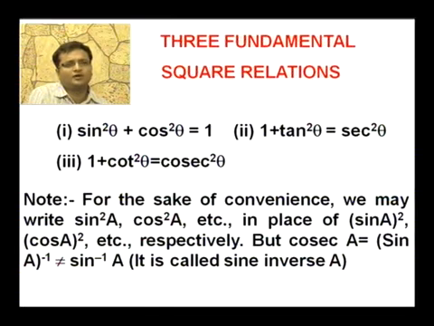And a very important note: for the sake of convenience, we may write sin square A, cos square A, etc. in place of sin A whole square and cos A whole square. But cosecant A is equal to sin A whole inverse, not equal to sin inverse A. Let me make it clear on the whiteboard.